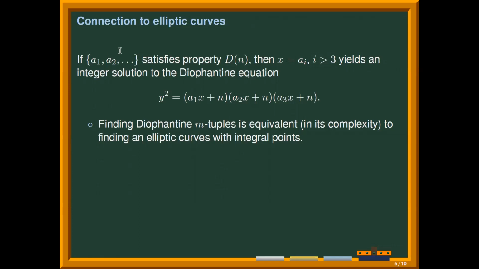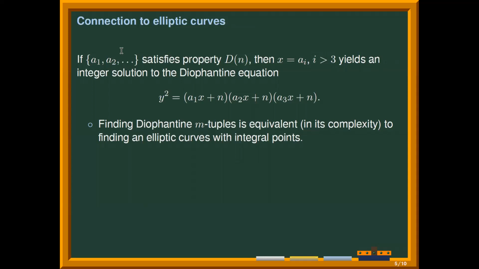A1, A2, and A3. So if you consider the first example, 1, 3, 8, and 120, then already the smaller set, 1, 3, 8, which is a triple, determines the Diophantine triple, right? And then with the triple, you can determine the elliptic curve y squared equals (x plus 1)(3x plus 1)(8x plus 1), right?